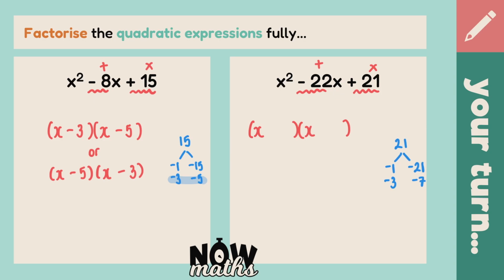The pair that add to give -22 is going to be -1 and -21. So in the end of each of our brackets, we will have -1 and -21. This is our fully factorised quadratic, and again, the brackets can go in either order, so either answer is acceptable. Really well done if you paused and had a go at those questions.